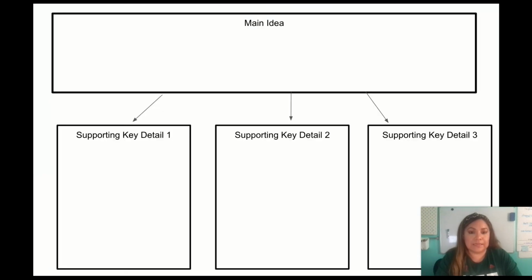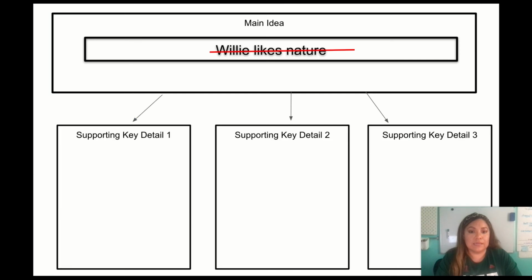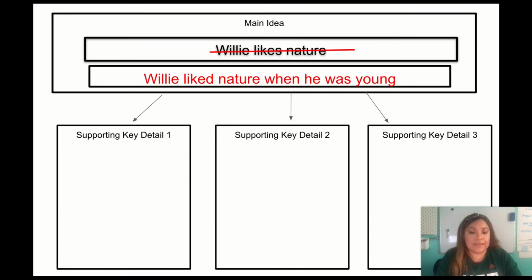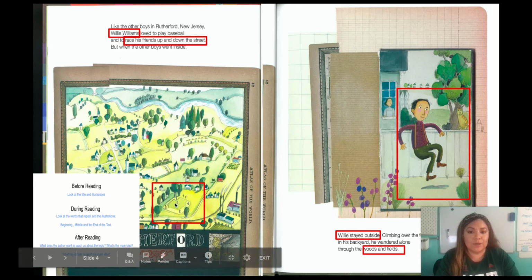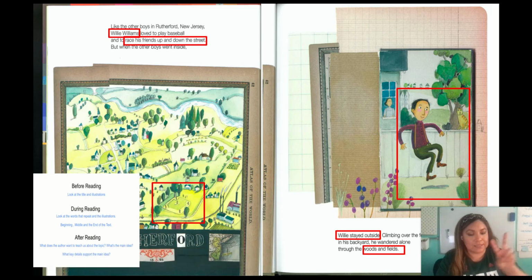So this supports my idea that Willie liked nature when he was young. So I'm going to put it in my own words and I'm going to say that Willie loved to play baseball with his friends. And again, when we are playing baseball, if we look at the picture, we see him playing outside in nature.